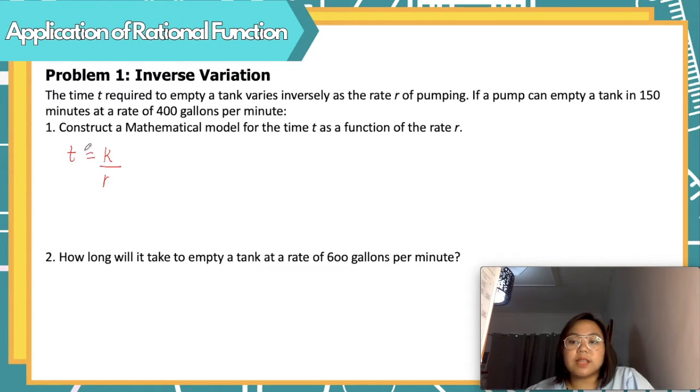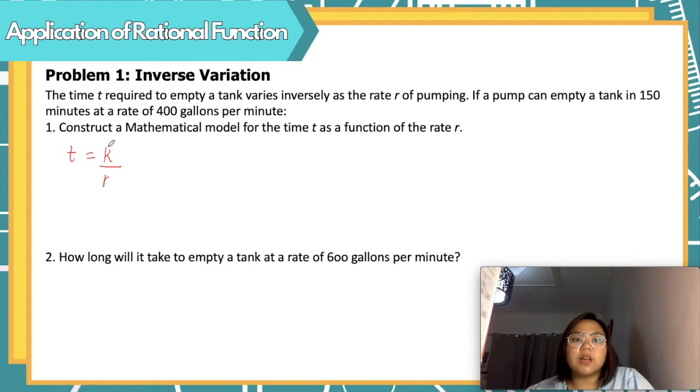This means that t varies inversely to r. To create the mathematical model for t as a function of the rate r, we have to know the value of k first.